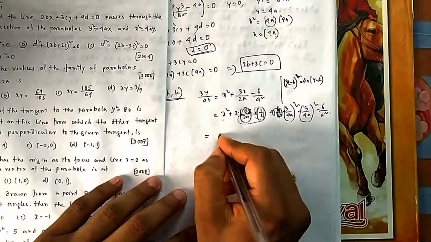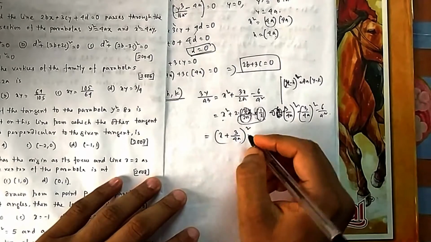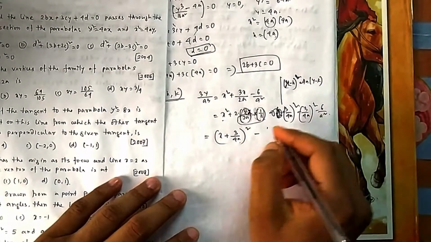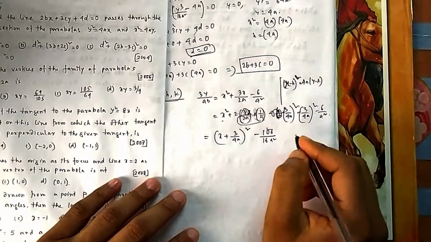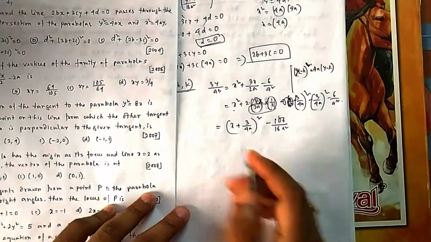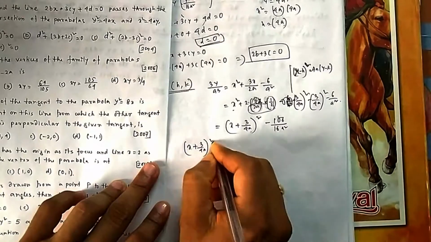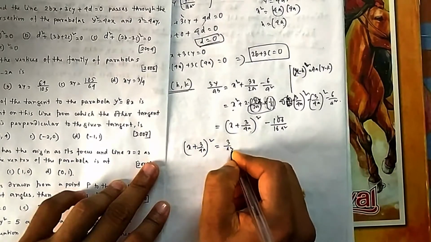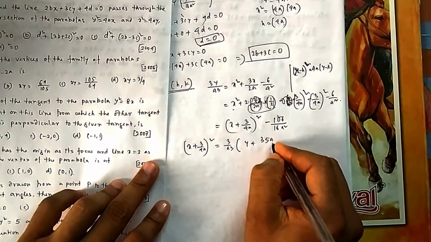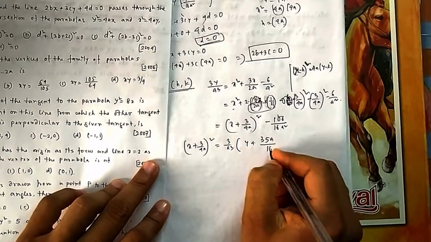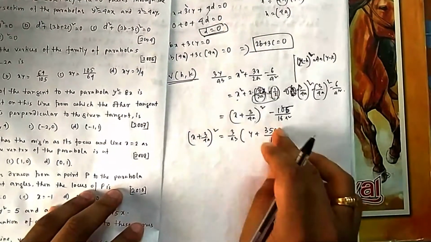If you do this, it will be (x plus 3 by 4a) whole square, and then minus, I am directly writing, 105 by 16a square. If you take the LCM and do it, it will come. Finally you can write it as (x plus 3 by 4a) whole square, 3 by a cube, if you take common, it will be y plus 35a by 16. It is 105. You change the side and then take common, then you will find it.